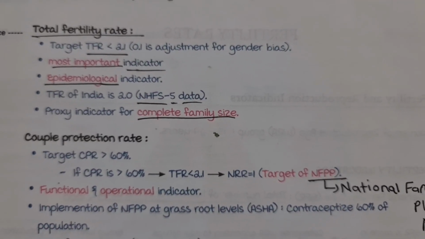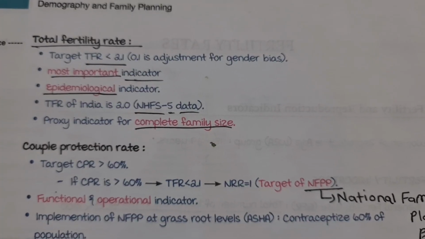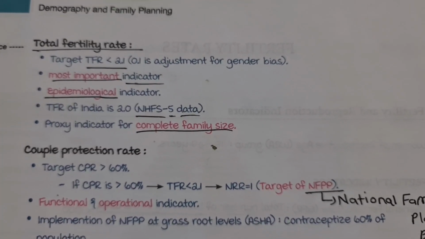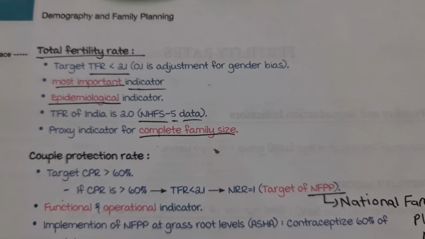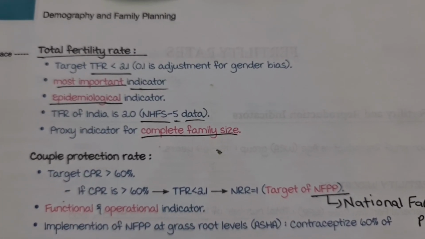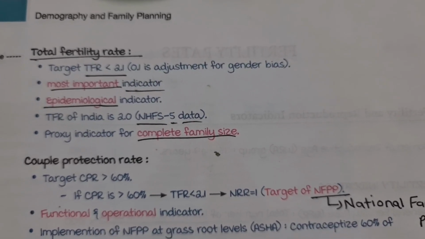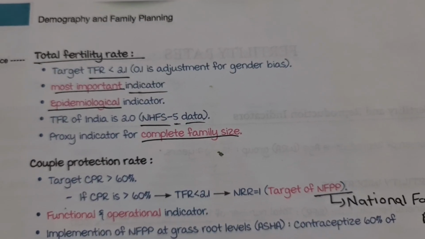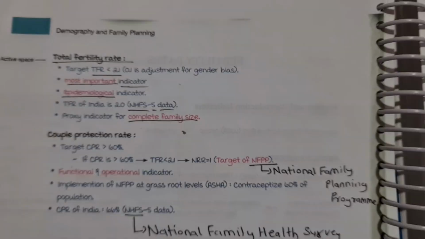It is the most important indicator, and the total fertility rate of India is 2.0, according to the National Family Health Survey, fifth data. According to that, the TFR is 2.0, and it is indicative of the complete family size.